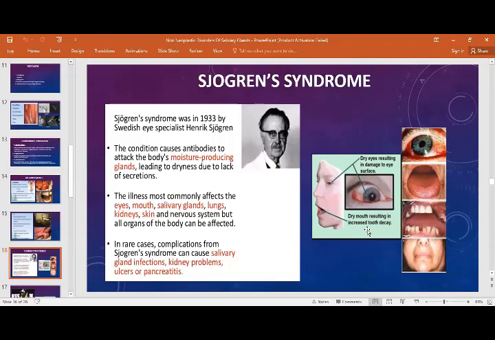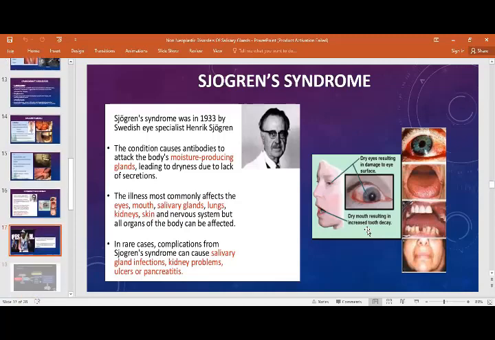This condition not only affects the lacrimal gland as well as our mouth, but it also affects other very important structures like lungs, skin, and kidney. Wherever mucus is produced, it will cause dryness in those structures. And sometimes the patient presentation would be some kidney problems as well as pancreatitis. This might be the presentation in some of the cases.